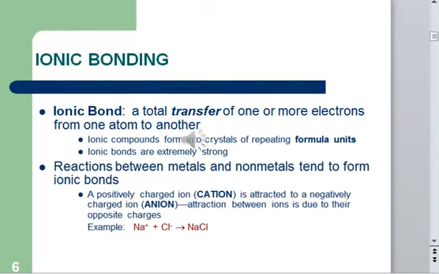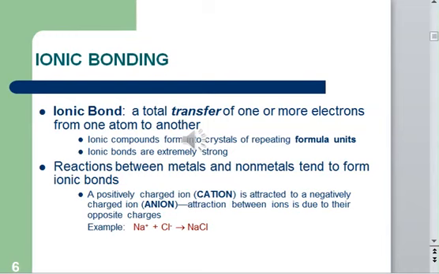You can never see a crystal lattice in a covalent compound, but it is characteristic of ionic compounds, and we always use the formula unit instead of a molecular formula.